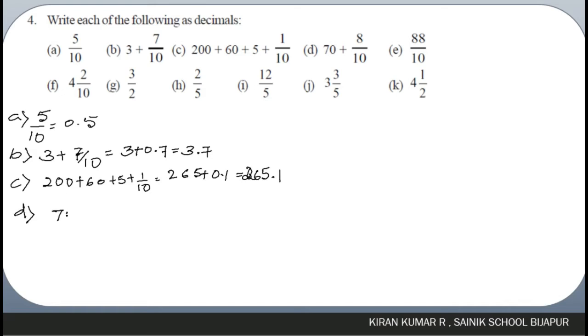Fourth one is 70 added to 8 by 10, which is 70.8. Fifth one, 88 upon 10 will be 8.8.